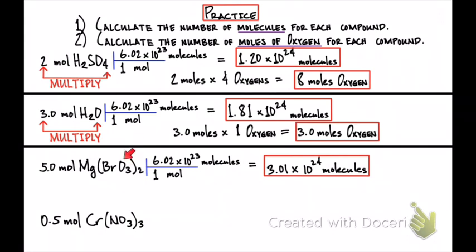For oxygen, you have a subscript 3 here, you would multiply that by 2, so you have 6 oxygen atoms. So now, to answer number 2, calculate the number of moles of oxygen, you would multiply 5 by 6. Okay, so 5 moles times 6 atoms of oxygen. And that would give us a total of 30 moles of oxygen.